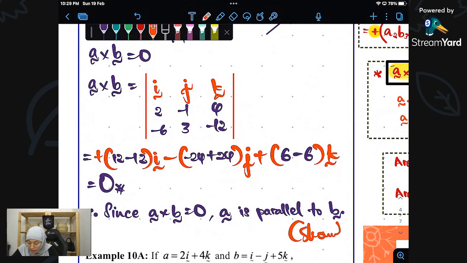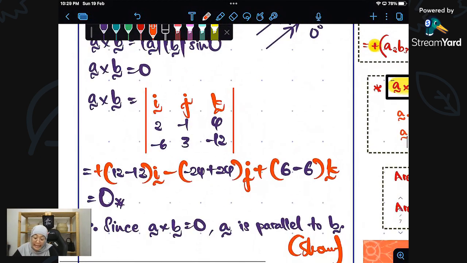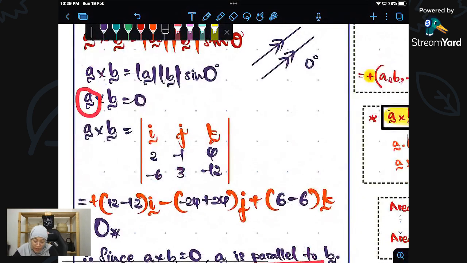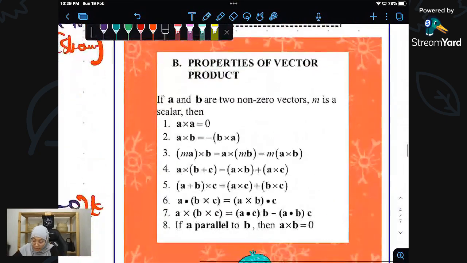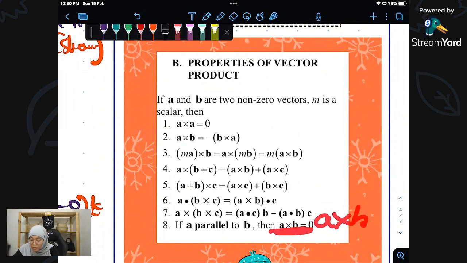Write it down there. It is shown to all of us that if we got 0, it means that A vector is literally parallel to the B vector because I got this A cross. Dia mesti cross ya. Properties yang di mana A cross B sahaja. When A cross B is equals to 0, it means that it is just parallel, bukan perpendicular.